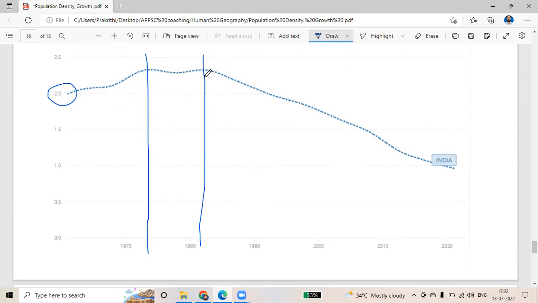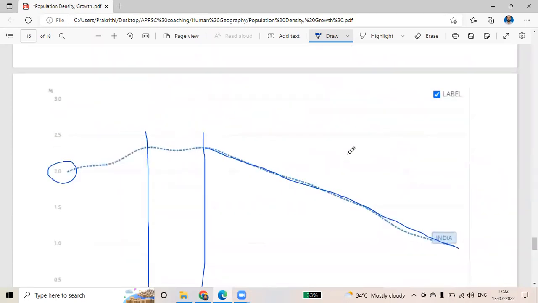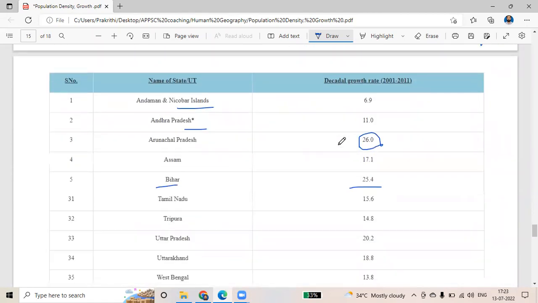After that there is a continuous decrease. Steadily our population growth is decreasing. This is wrong, I will correct it and give it back to you.